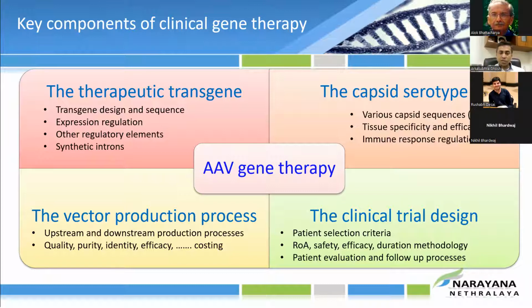There may be introns, etc. Within the capsid serotypes, there's now a lot of work across the world on finding various serotypes, finding mutant serotypes, which have a variety of tissue tropisms so that they can deliver specifically to a certain tissue and also regulate the immune response to the capsid. Some of the work has focused particularly on reducing any immune response to AAV.